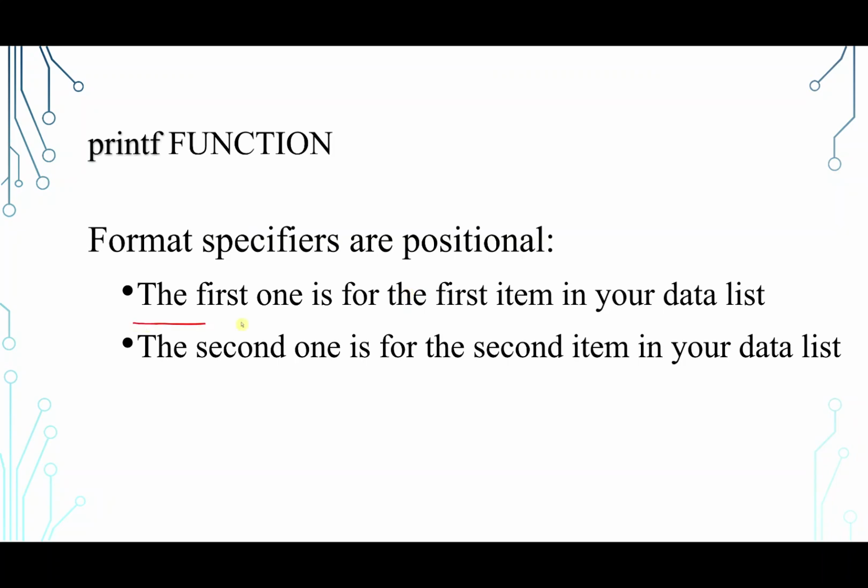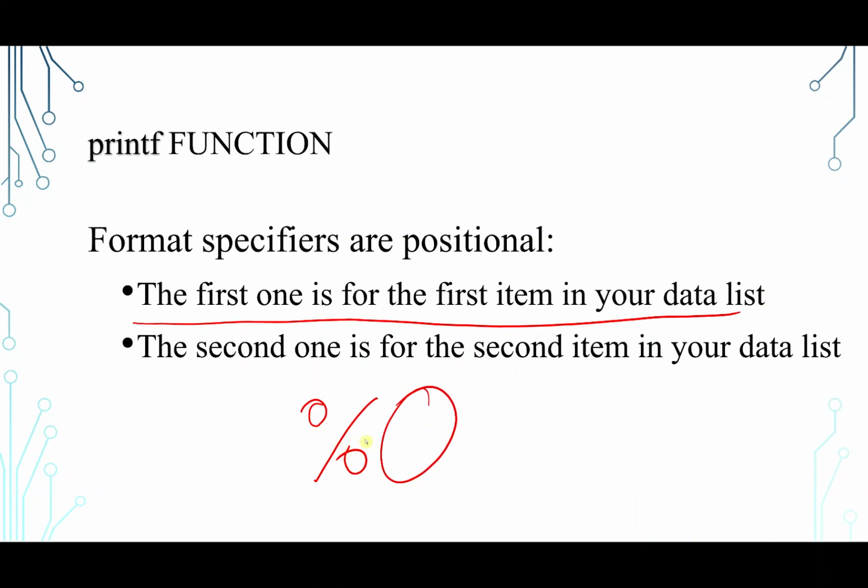The first one is going to take the text, and whenever you want to plug something into that text, you would use the percentage and the specifier that tells what that thing is. For decimals, you would use %d. For floating point numbers, you would use %f, and so on. So the second one is the second item in your data list.